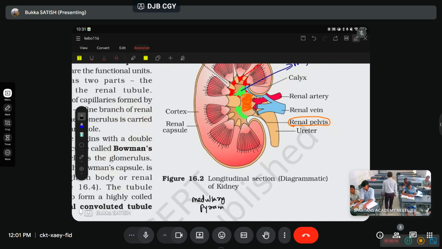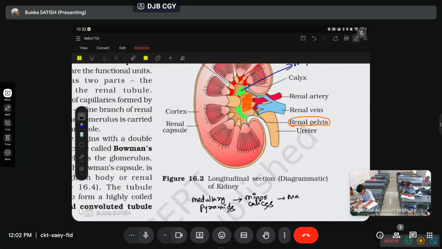Medullary pyramid. Plural, if I write medullary pyramids, minor calyces. Plural is calyces. Calyx is singular, calyces.